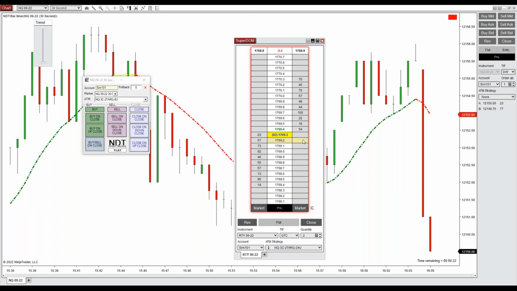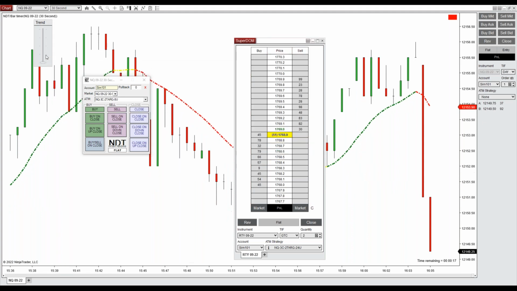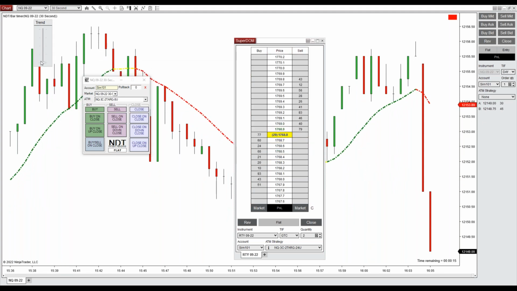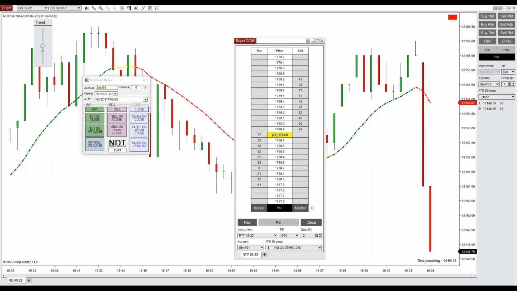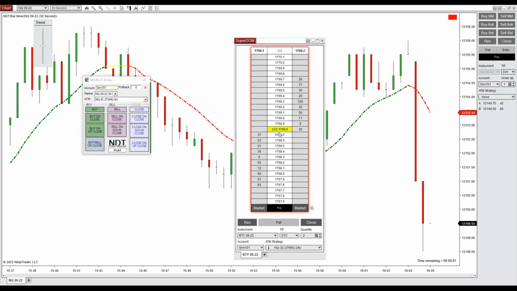If you just take a market order and hit the buy or sell, you're probably not going to get an optimal fill. So what I'm going to show you is a great way to optimize your entries and also to trail the trade after you're in it.